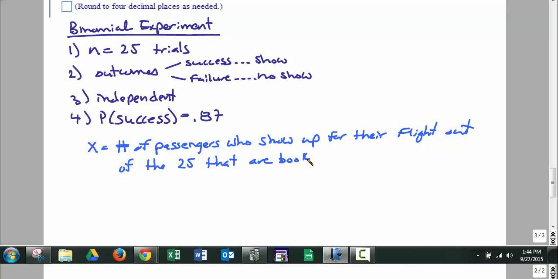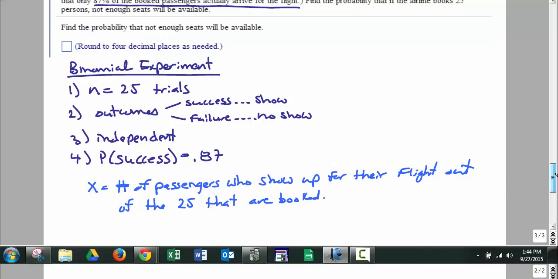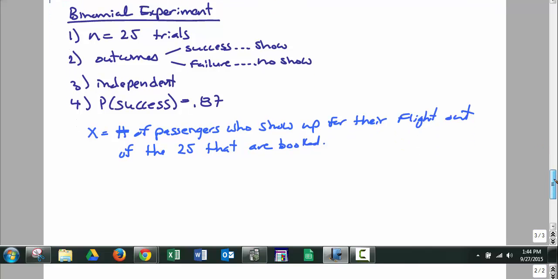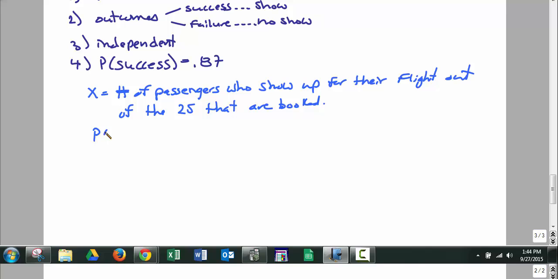Now the question here is, if we run back up, the probability that not enough seats will be available. Well, the only way that not enough seats will be available is if 25 people show up. If only 24 show up, I'm good. But the problem is when 25 show up. So this is my distribution.